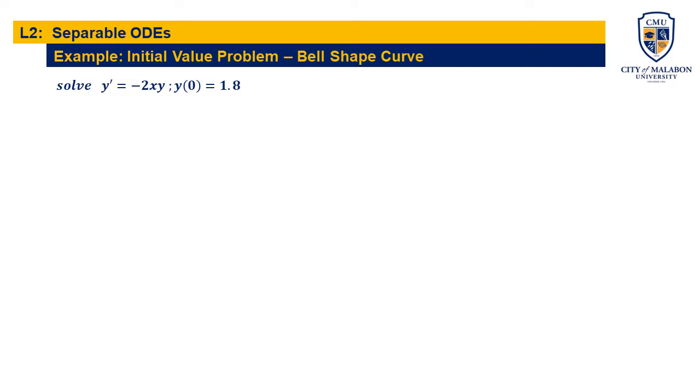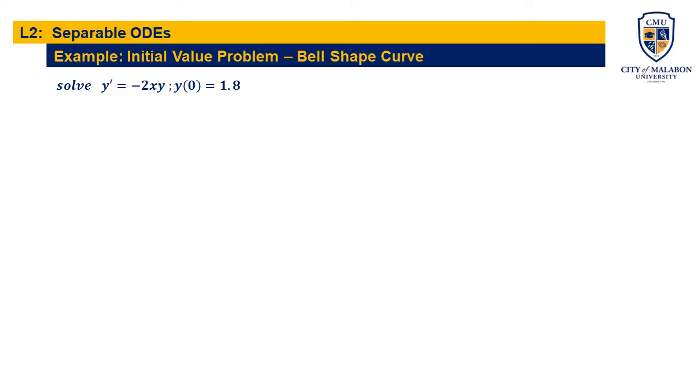Okay? So another example for separable ODEs is an initial value problem. Okay? So in this case, we have, to illustrate, a bell-shaped curve. Okay? So we are to solve y prime is equal to negative 2xy with initial value y of 0 is equal to 1.8.